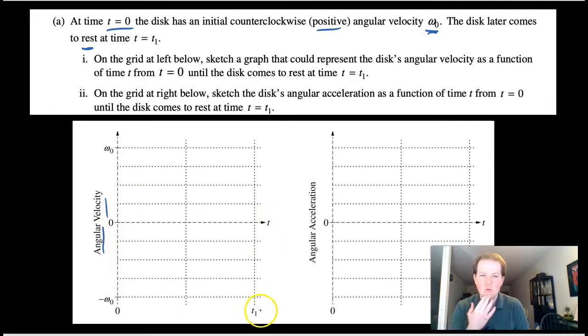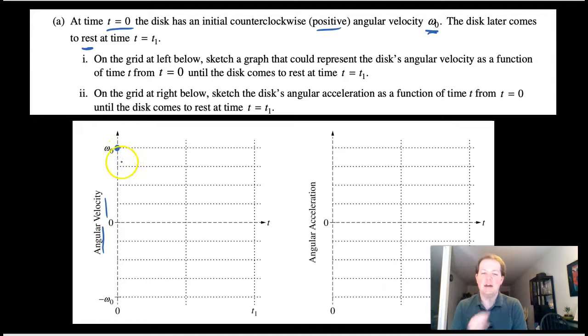And what was t1? t1 is when the disk comes to rest. And it starts with an angular velocity of omega naught. Look right here, they've labeled omega naught, and it says that's the speed of the disk when it starts off. So the line, whatever it's going to look like, is starting off right like this.